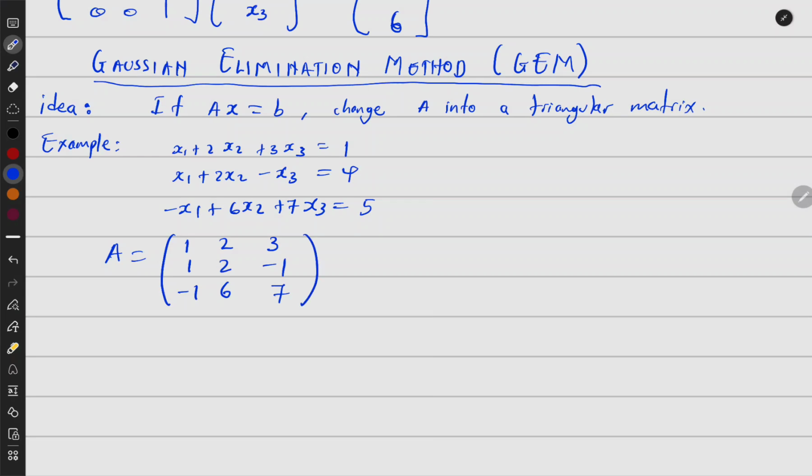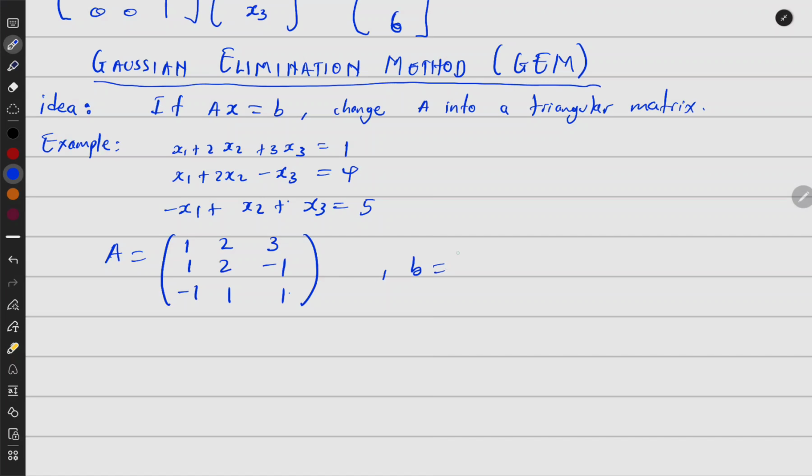And as far as the Gaussian elimination method says, you just have to transform this. I can make this a little bit simpler so that I can play around with the echelon forms. Don't forget B also.